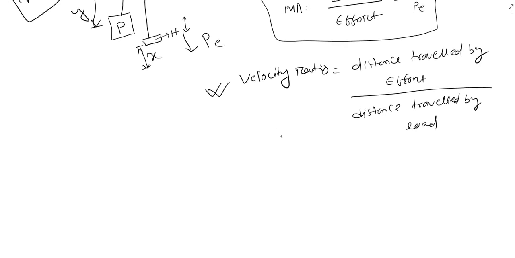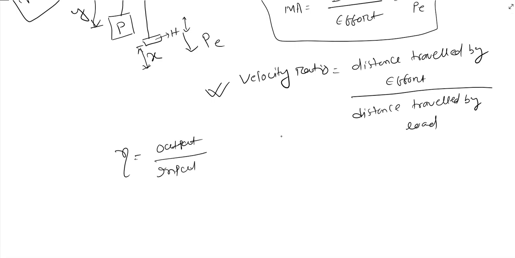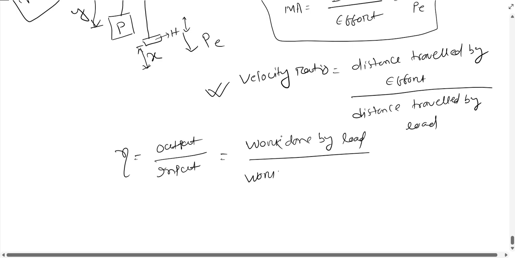Then for any machine we know the efficiency is output by input. So in the output, work is done by the load, and input is nothing but the work done by effort.